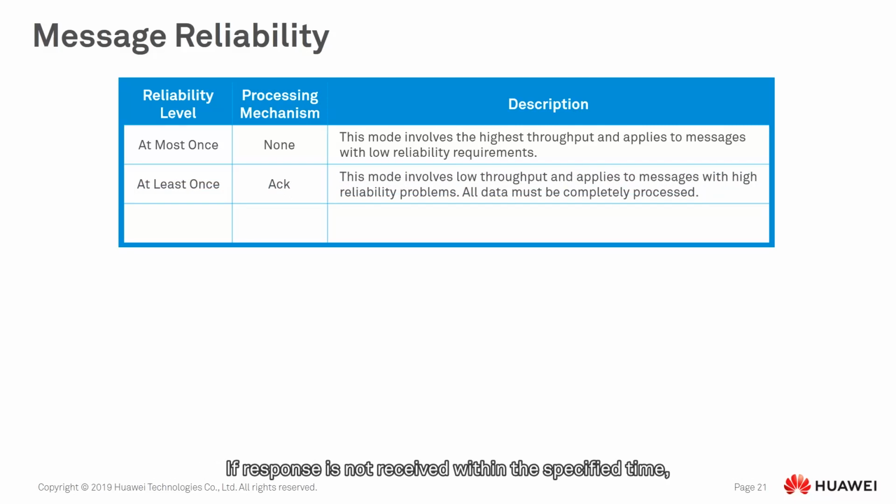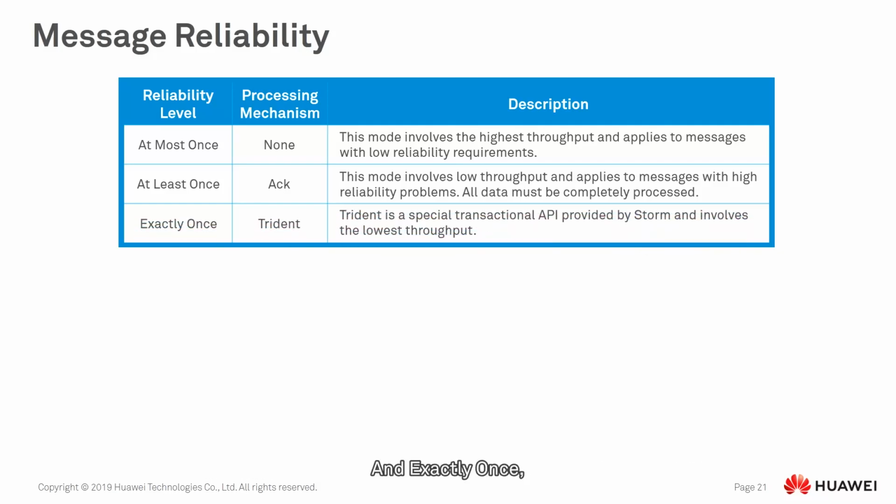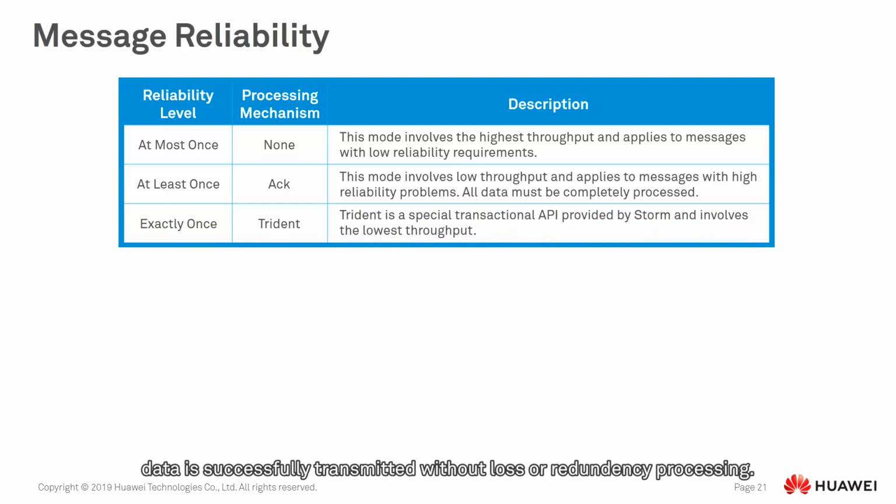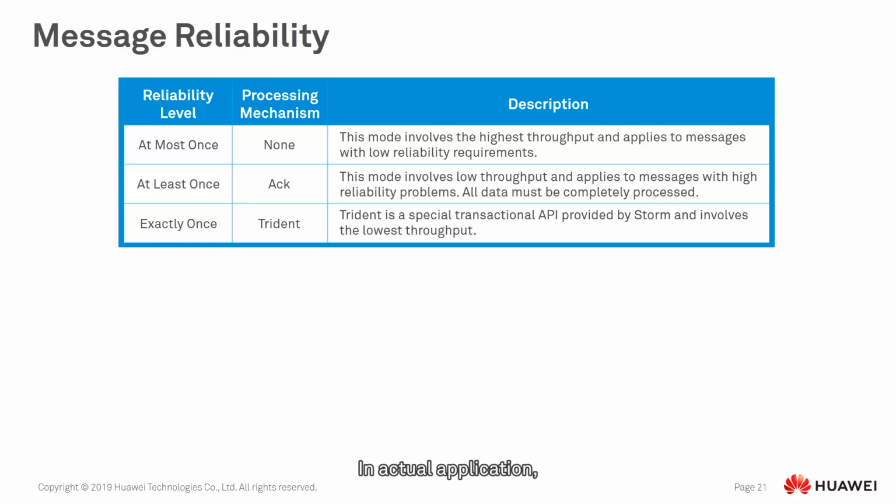If a response is not received within the specified time, the spout resends the data for processing. This reliability level may slightly affect system performance. And exactly once: data is successfully transmitted without loss or redundant processing. This reliability level offers the poorest performance.